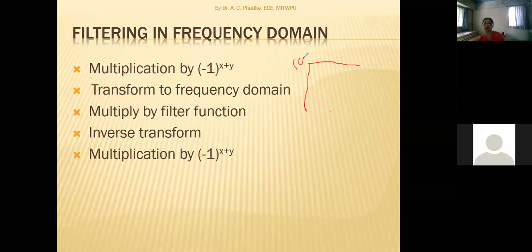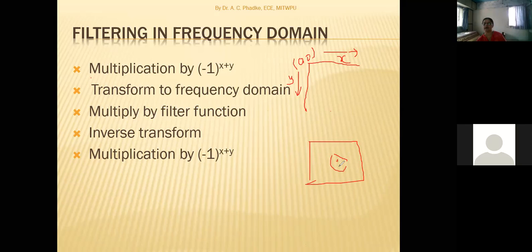This is the origin of the image, which is (0, 0). Along the x direction, we go on increasing column numbers, and along the y direction, we go on increasing row numbers. Now, when we use filter functions, these filter functions are centered around the origin. So for filter functions, the origin is considered here, at the center of the image.